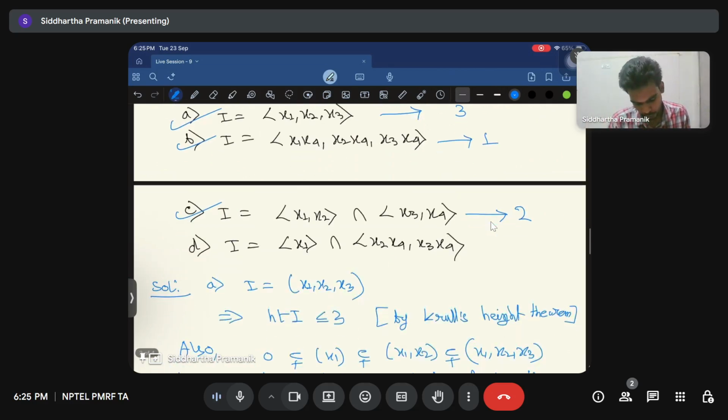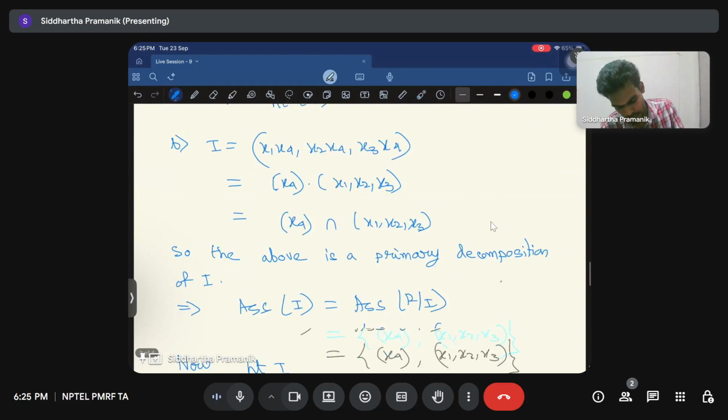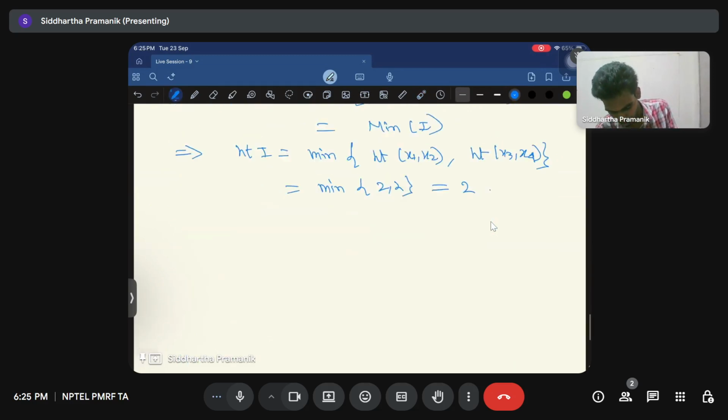Now the fourth one. It is the ideal generated by x1 intersected with this other ideal. So let's do this. Here I is the ideal generated by x1 intersect with the ideal generated by x2 x4 comma x3 times x4.